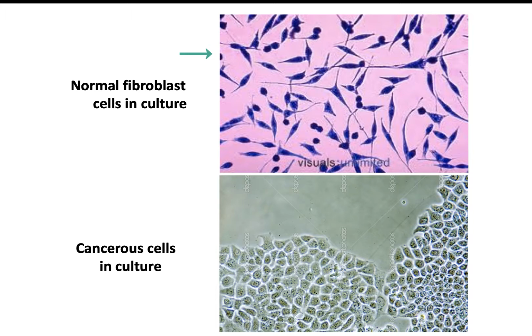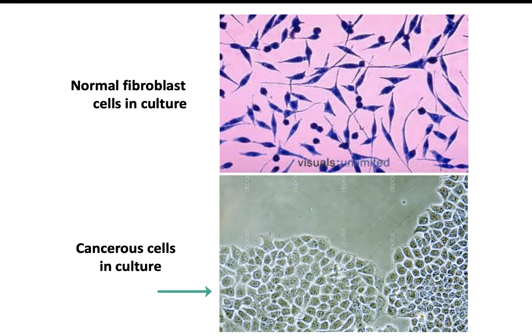So here are a couple of micrographs of normal fibroblasts in culture on the top, so you can see they're spread out. They stop growing when they contact one another, and that's their standard way of interaction. You can also see a few cases where they've rounded up and are ready for dividing, or have divided already. On the bottom are cancer cells, and you can see they're not contact inhibited. They start growing together, and they grow more and more.